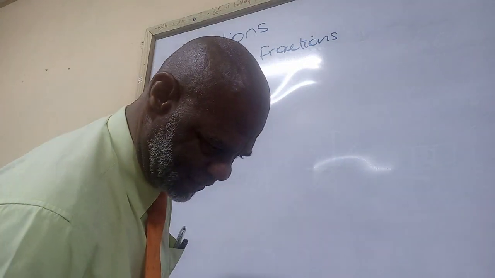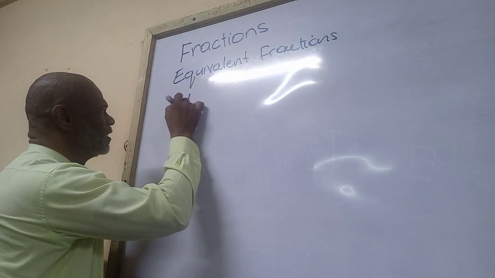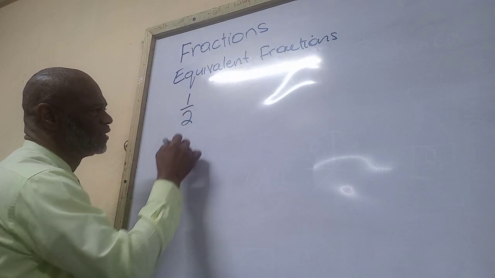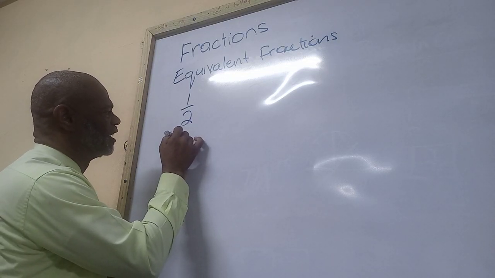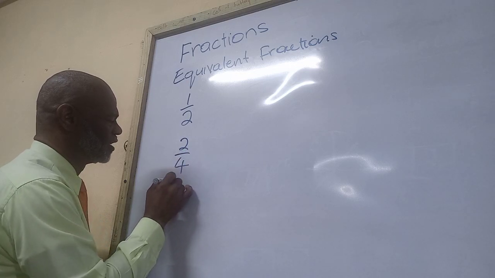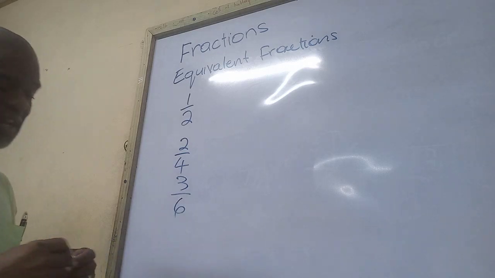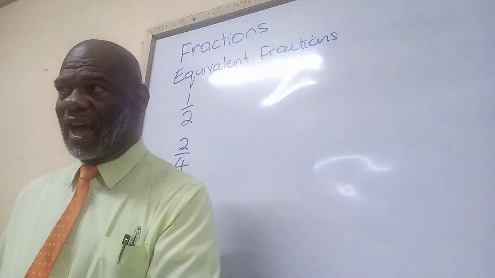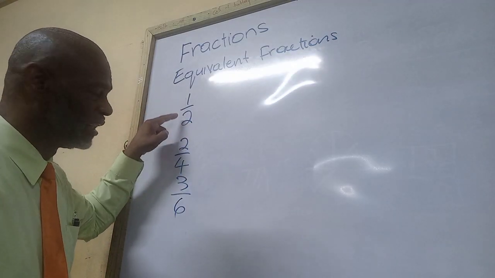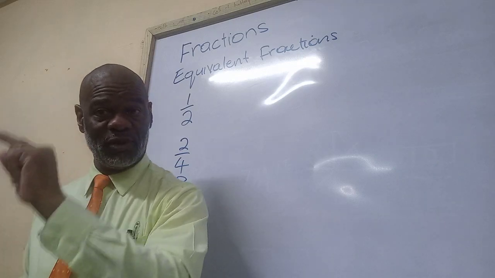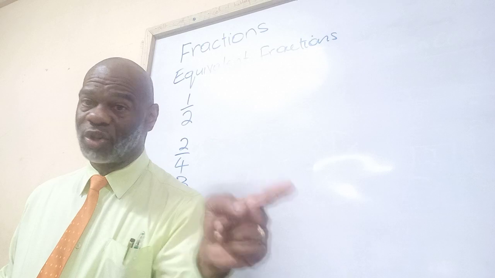So let's say, let me get back the same numbers. So we have 1/2. Now, one of the fractions was what? We had 2/4. We had 3/6. Right? Now, if I multiply the numerator and the denominator by the same number, the value of the number doesn't change.